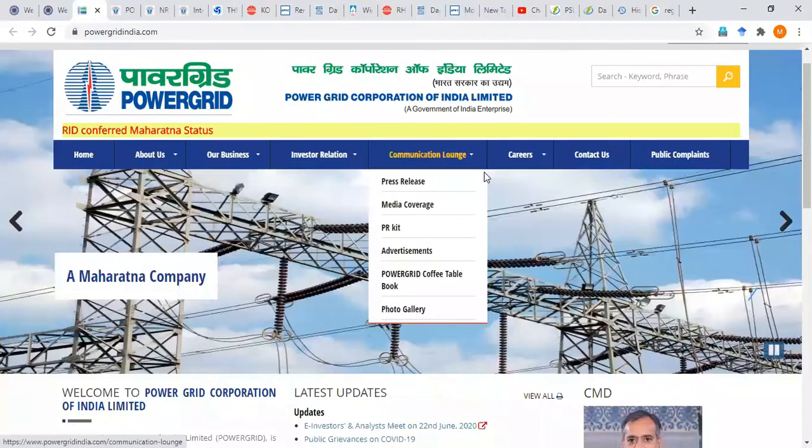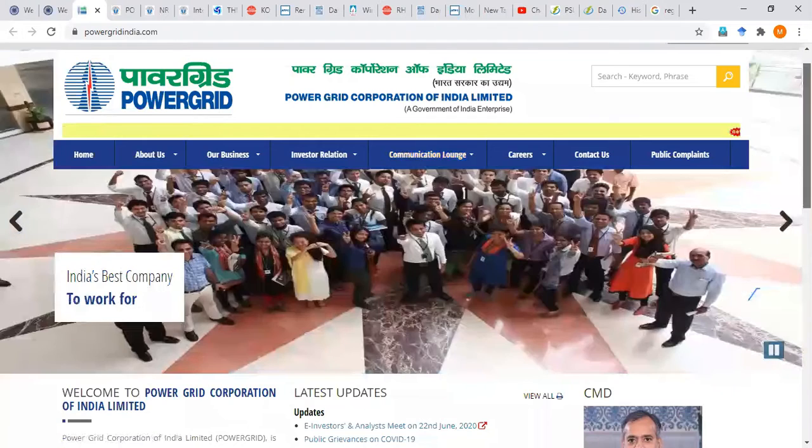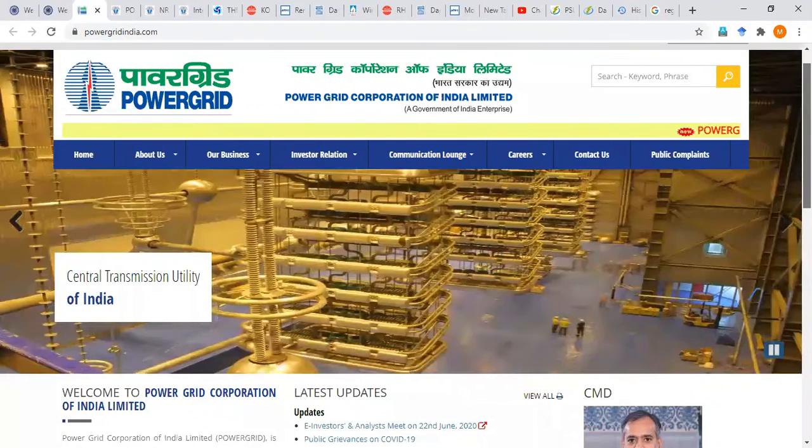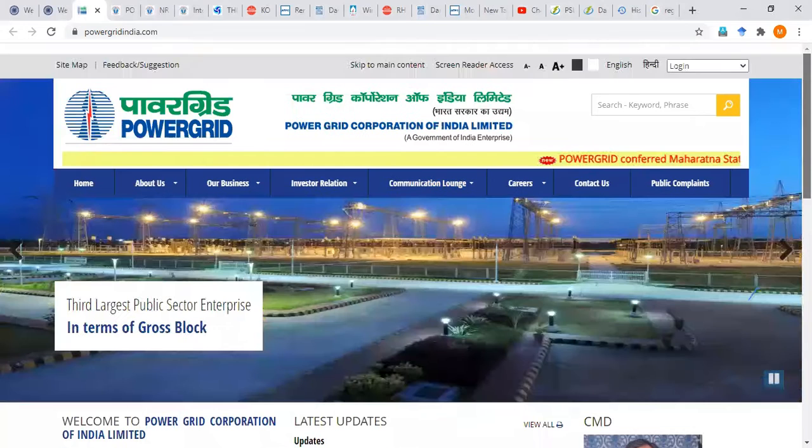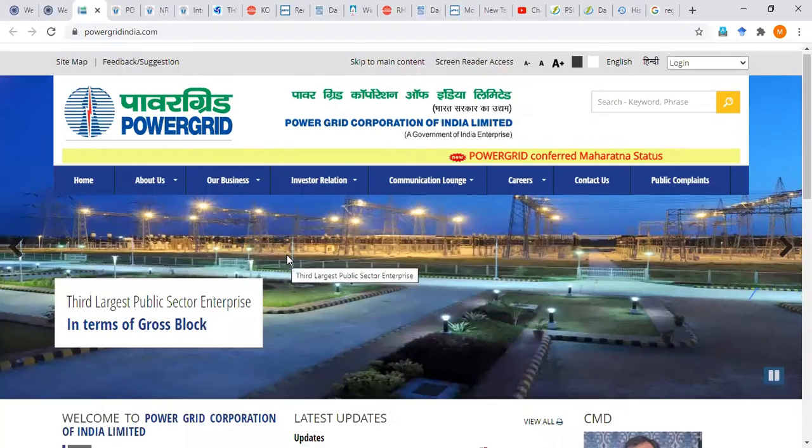And if you are getting this much salary in the initial stage of your career, it will be very beneficial for you. So let's check this option also to select your career. So this is about the power grid. You can go through the details of this power grid afterwards.